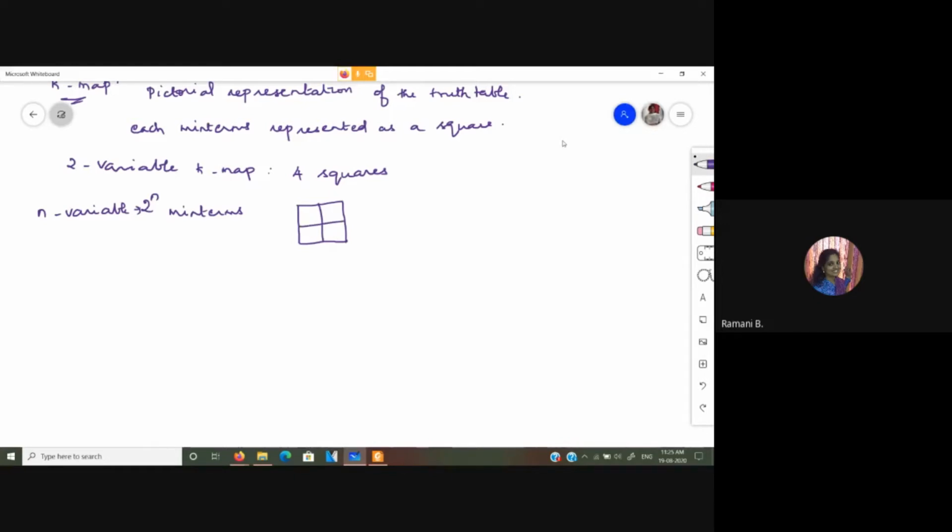Okay, so we are having 4 squares, and the first square will represent both x and y equal to 0. This will represent where x is equal to 0 and y is equal to 1. This represents x is equal to 1 and y is equal to 0, and this one represents where both x and y are 1 1. So the corresponding min terms it is covering are x bar y bar, x bar y, x y bar, and x y.